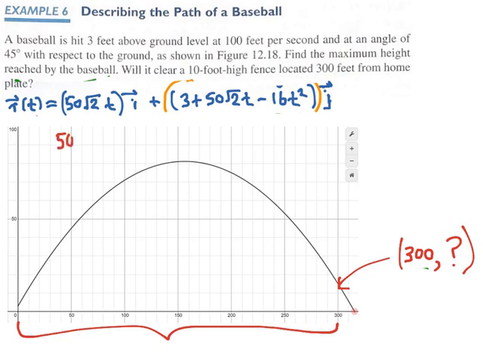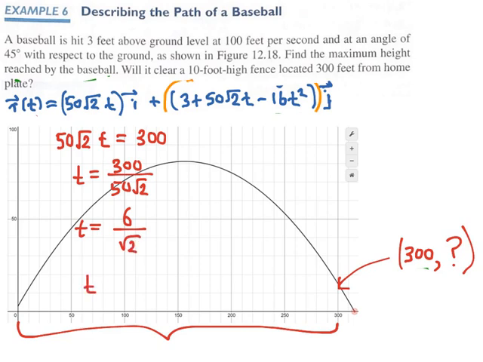So we begin by setting the horizontal component of the position vector equal to 300, and we will solve for the time by dividing both sides of the equation by 50 times square root of 2. And when you do that, 300 divided by 50 is 6. So you get 6 over the square root of 2.